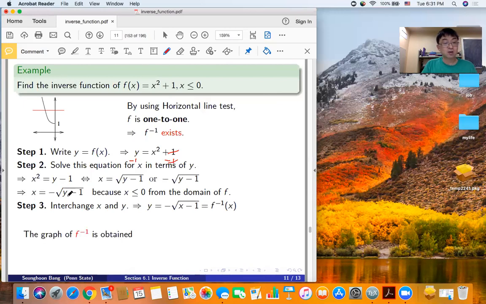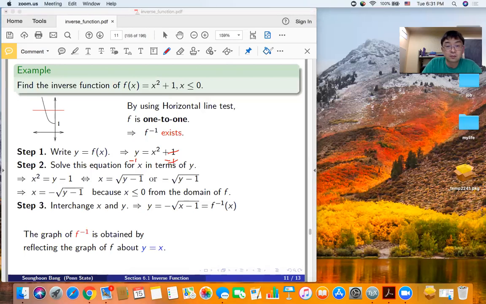The next one is the geometric method. The graph of the inverse of f is obtained by reflecting the graph of f about y equals x. First, draw y equals x; this dotted line is y equals x.